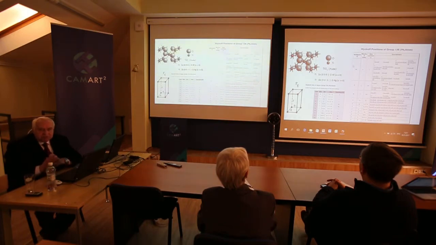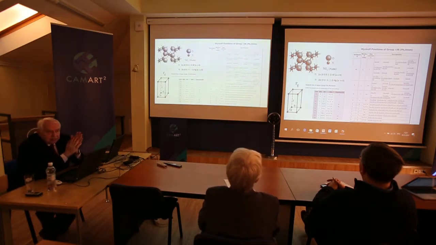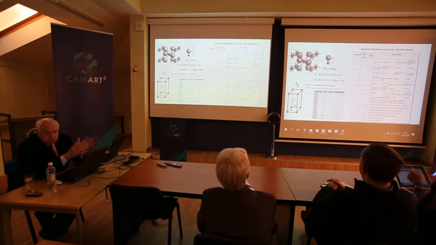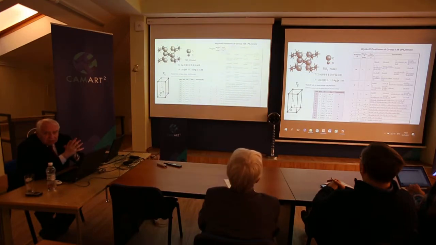So all the space groups are divided into symmorphic and non-symmorphic space groups. Those space groups which we considered for the preceding three structures are symmorphic. There are no screw axes, there are no glide planes. There are 230 space groups, and from them 157 are non-symmorphic.